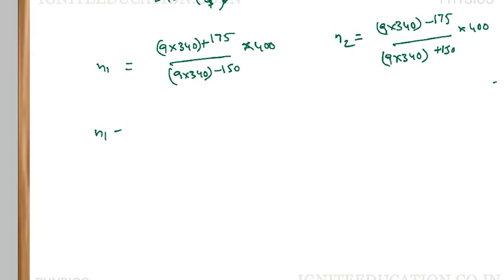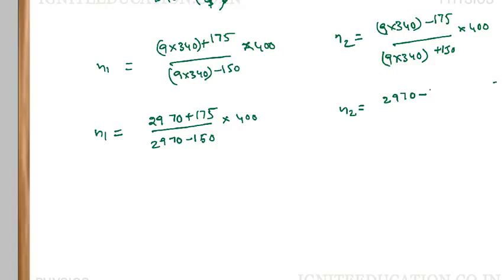So n1 is equal to (2970 plus 175) divided by (2970 minus 150) into 400, and in the n2 case it is (2970 minus 175) divided by (2970 plus 150) into 400.